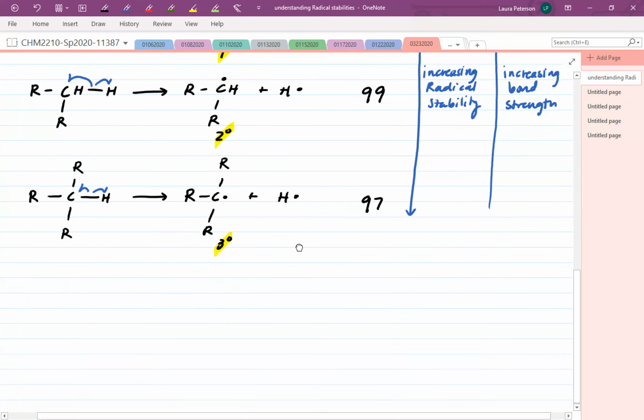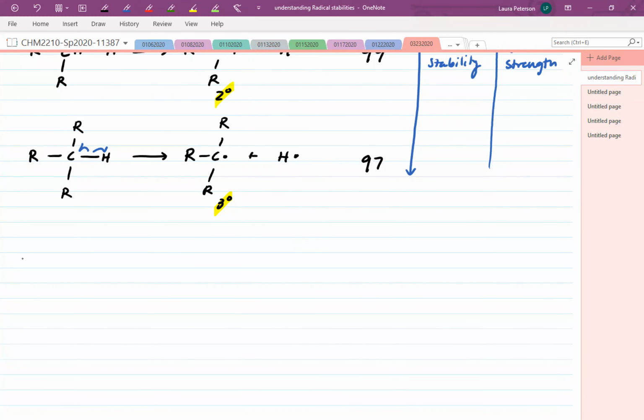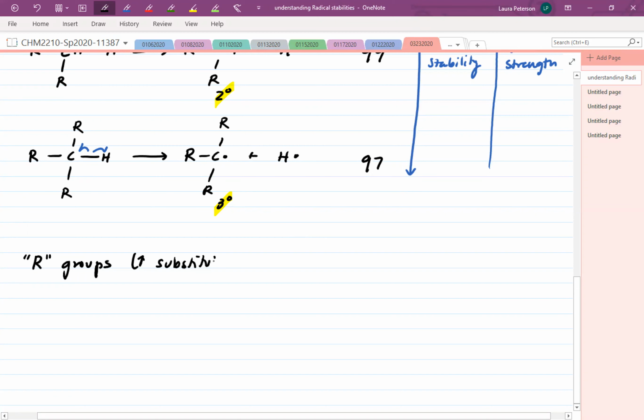Okay, so let's make this note. We can say up above that R groups, or another way to say that is increasing substitution, increase carbon radical stability, just like carbocations. So let's make a note about that.